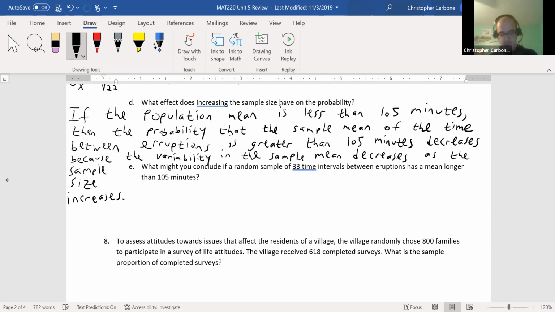What we would conclude is the population mean is 62, and this is just random sampling.